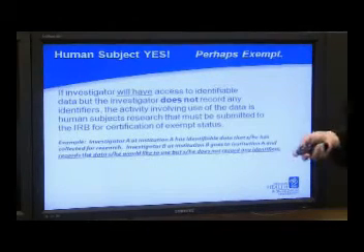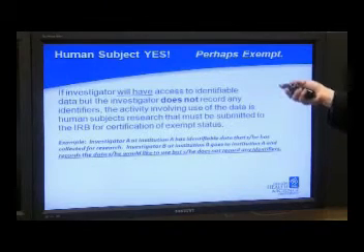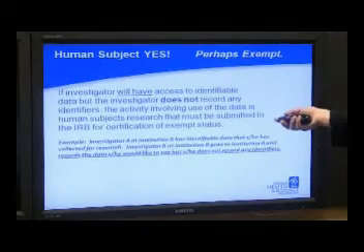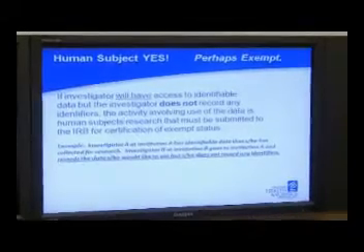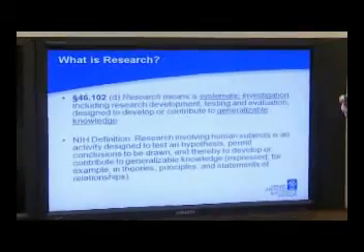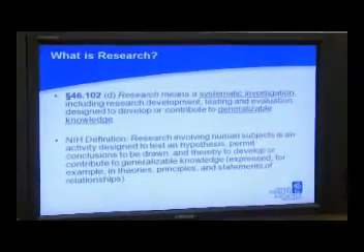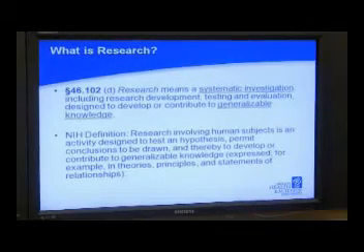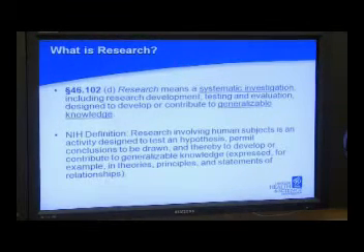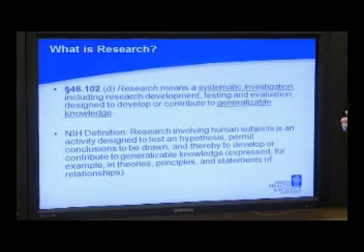We have categories of exemption where it's a low risk study, but certain minimum protections still need to be in place. All right, so we've got yes to human subjects, but then it has to meet a second part of the definition, which is what is research? Research is a systematic investigation, including research development, testing, and evaluation, designed to develop or contribute to generalizable knowledge.